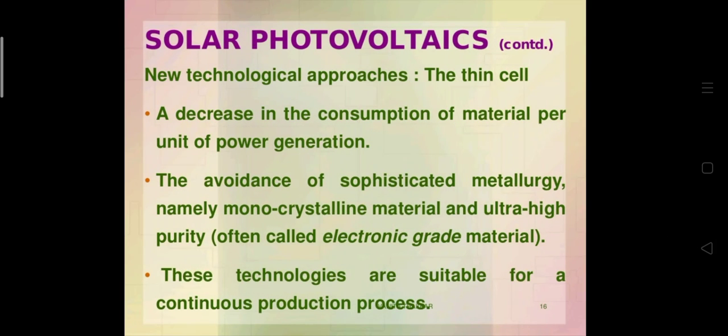New technologies approach the thin cell, a decrease in the consumption of material per unit of power generation. This is a very small device, so we can use very small devices for power generation. There is evidence of sophisticated metallurgy, namely monocrystalline material and ultra high purity material, often called electronic grade material, that we are using.